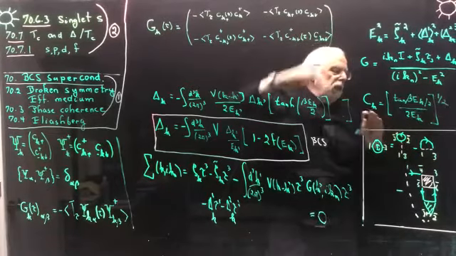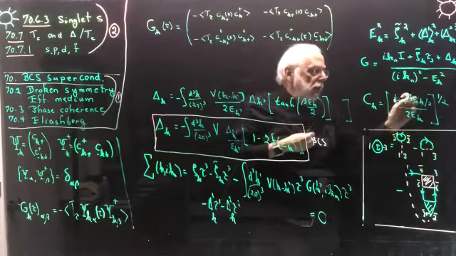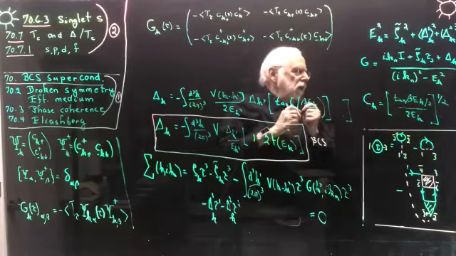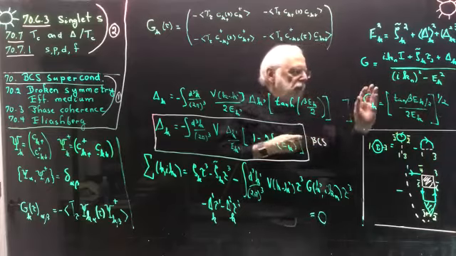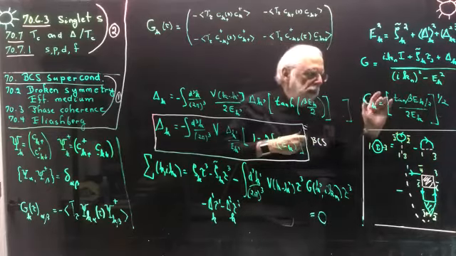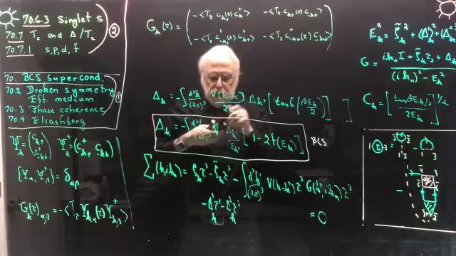This quantity makes sense because EK is positive, so I'm taking the square root of a positive number, and I take the positive value. So C of K is a positive number.